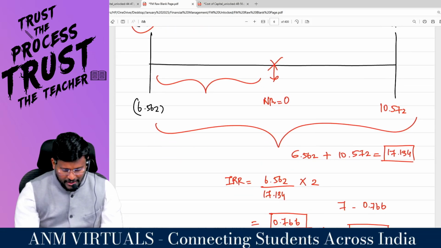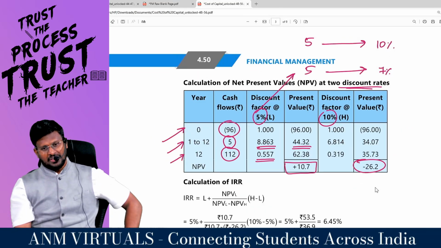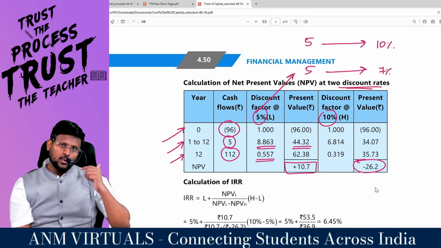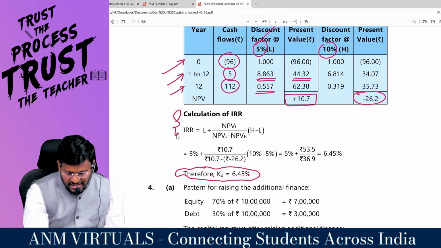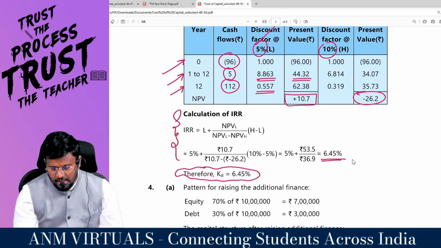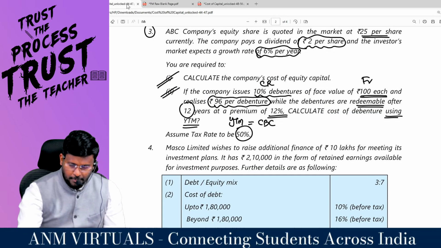Like us, our negative is 6.562, their negative is 26.2. So there is a huge gap between 6 and 26, because we have jumped only to 7, they have jumped to 10. So IRR, by using the interpolation method, is equal to 6.45 percentage. So KD is equal to 6.45 percentage.